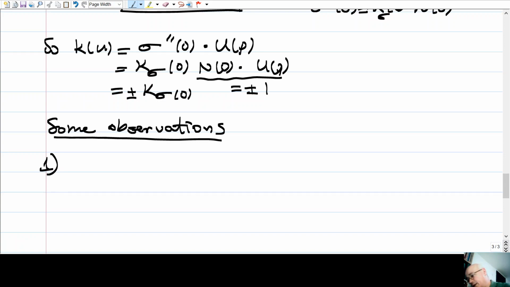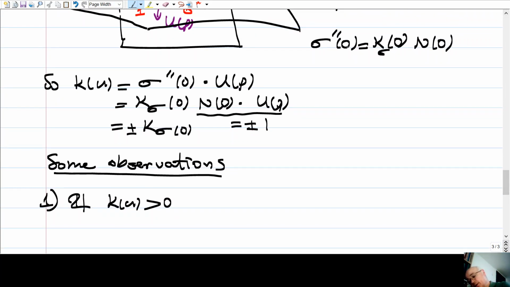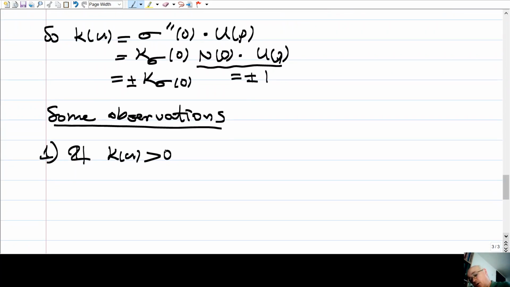First one is this. If k of u is positive, well, we know that curvature is always positive. Curvature of a space curve is positive because this is the length of the second derivative, right? This is just the length of this vector. So in this case, if this is positive, then this should be plus 1, and this means they are the same.